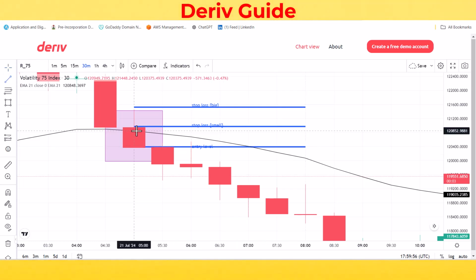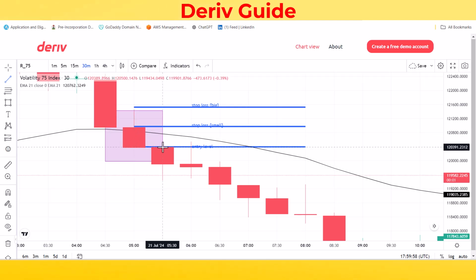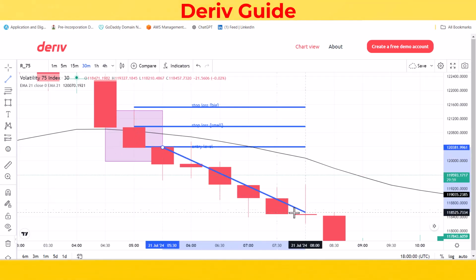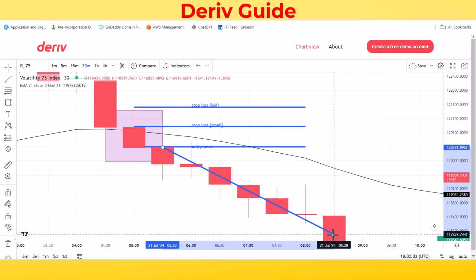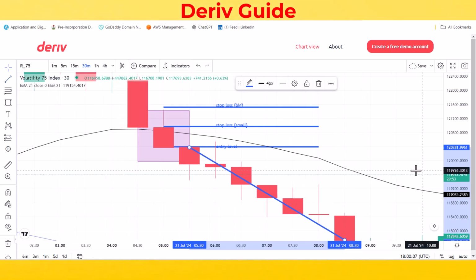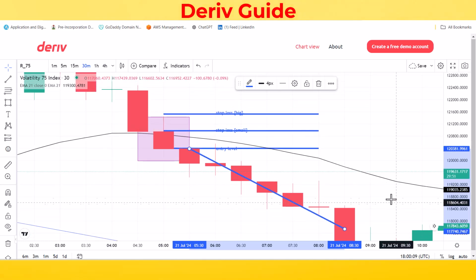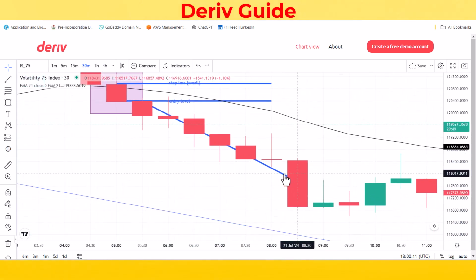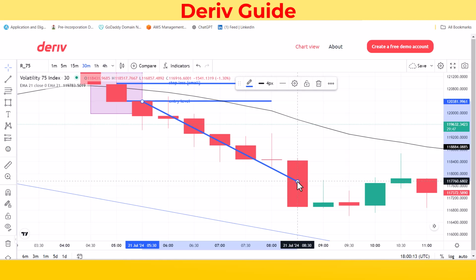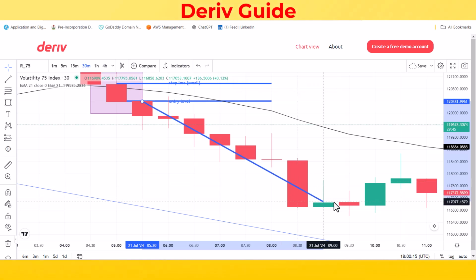So check, it will go from here where I entered at least 3-4 candles. Usually by the time I get 3-4 candles, I'll be out of the market. But if I see an opportunity for more, I'll keep going.